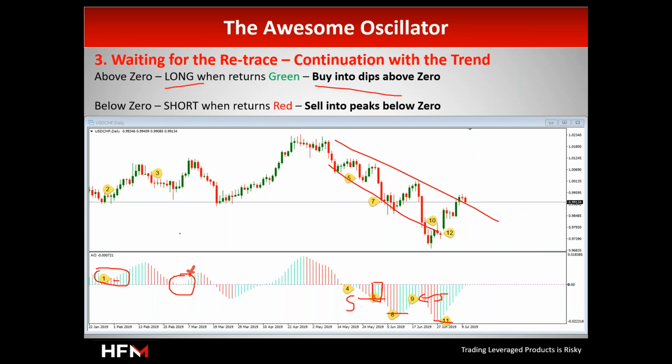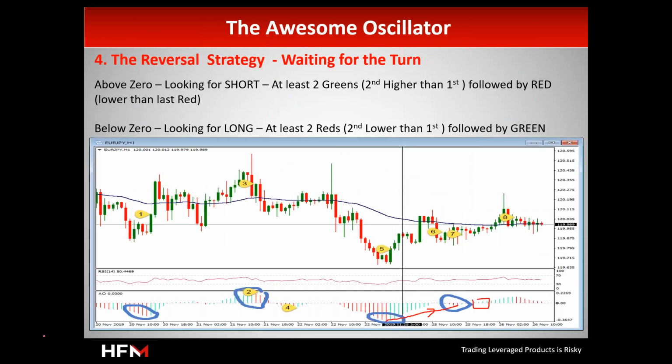Or alternatively, if your asset is in an uptrend, but you're seeing some dips, limited dips, not to zero, don't take that as a buying the dip opportunity. It needs to be above zero. That would be a chance to buy into dips. I cannot see anything else to show you as an extra, but yes, this is a buy into the dip above zero opportunity. So let's go to the fourth strategy, the reversal strategy.